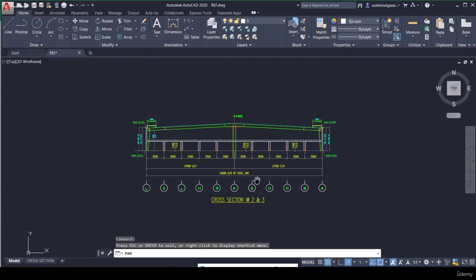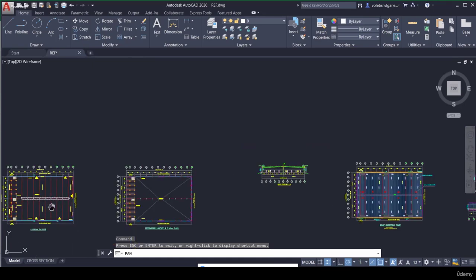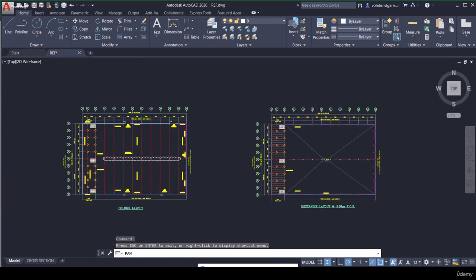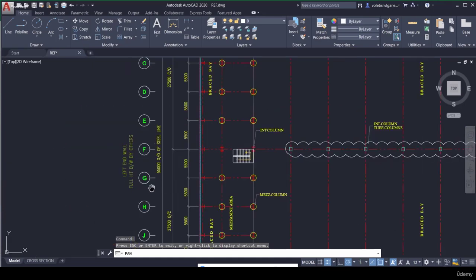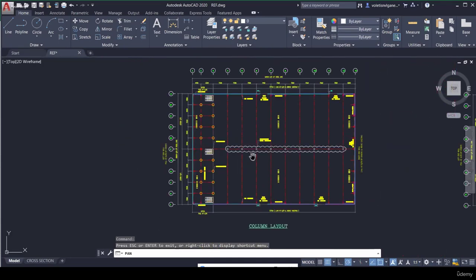In the terminology, we are discussing the frame, the length, the width of the PEB will be taken along the frame line. So the width of this building is 55 meters, that is along the frame line only.